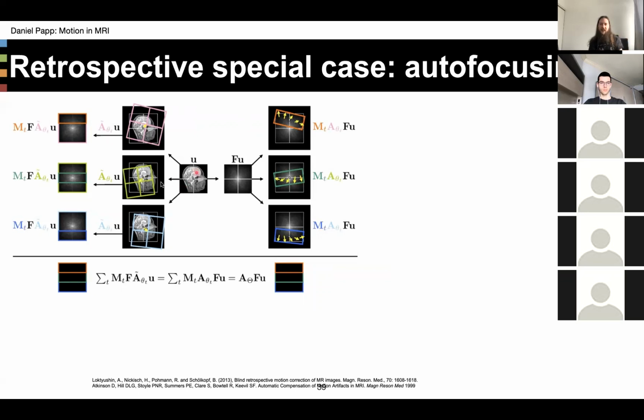And then you take this patch, you transform it into k-space, you apply some motion trajectory to it, you transform it back, you look at this metric: is it sharper? Yes, then you keep that motion trajectory, you enlarge your patch, and go on, and go on.